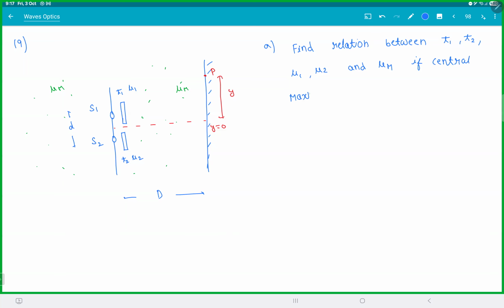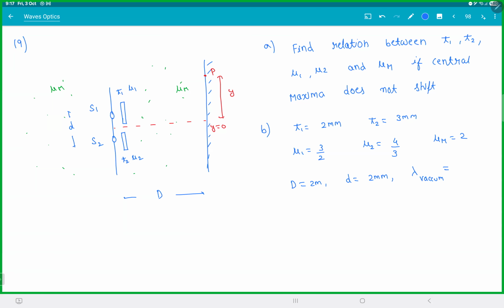So central maxima is at y equal to 0 only. Then find the intensity at point P.